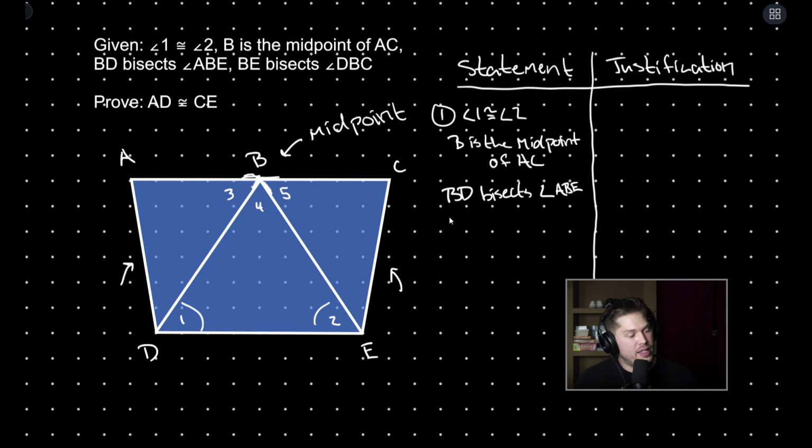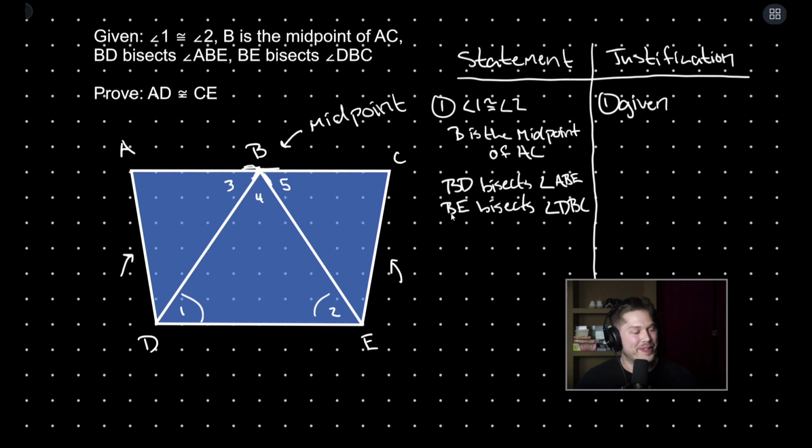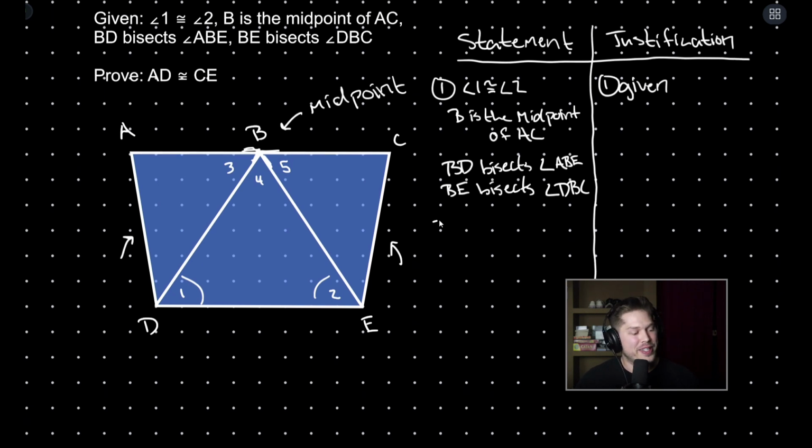And BE bisects angle DBC. Okay, and this is all just the given. I might have to erase this if I run out of room, because that's a lot to rewrite just for the given. But let's just continue onward.